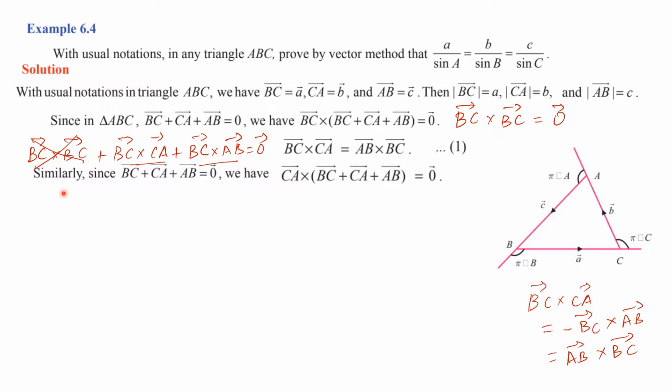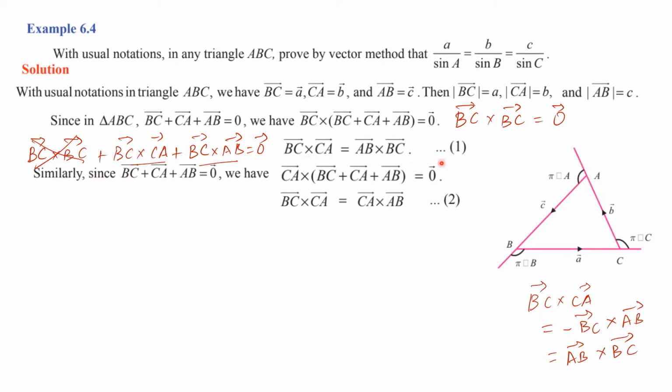All right. Similarly, we can apply this by using CA instead of BC and cross multiplying, that BC cross CA is equal to CA cross AB. Just using the same method, you can prove this.